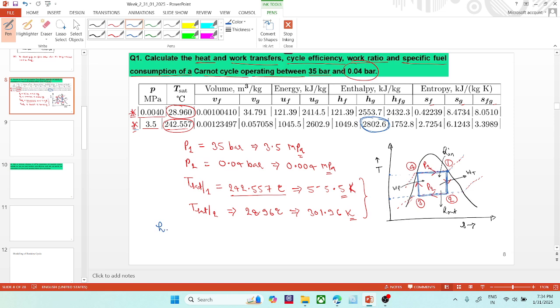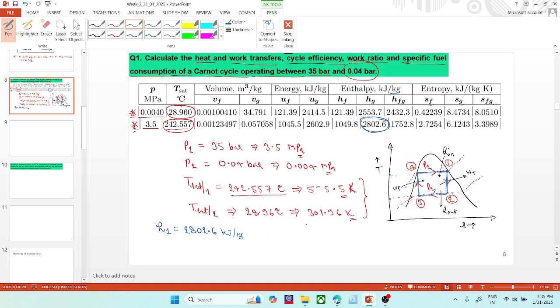So H1 would be 2802.6, and the unit is kilojoule per kg.